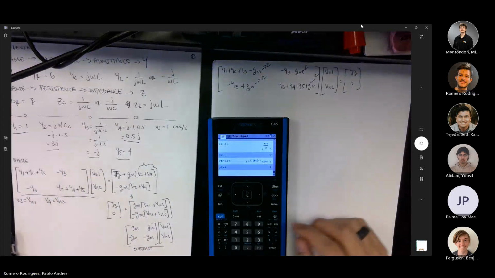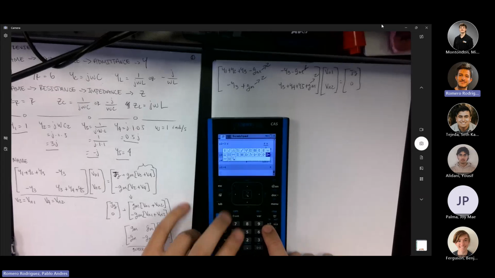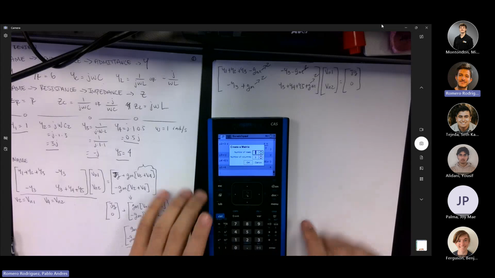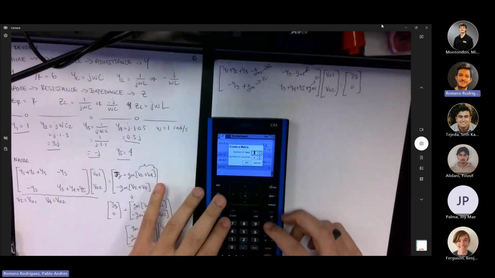I'm going to go ahead and make my matrix. I hit this button, go to my matrix, and it asks how many rows and columns. I want 2 rows, 2 columns.